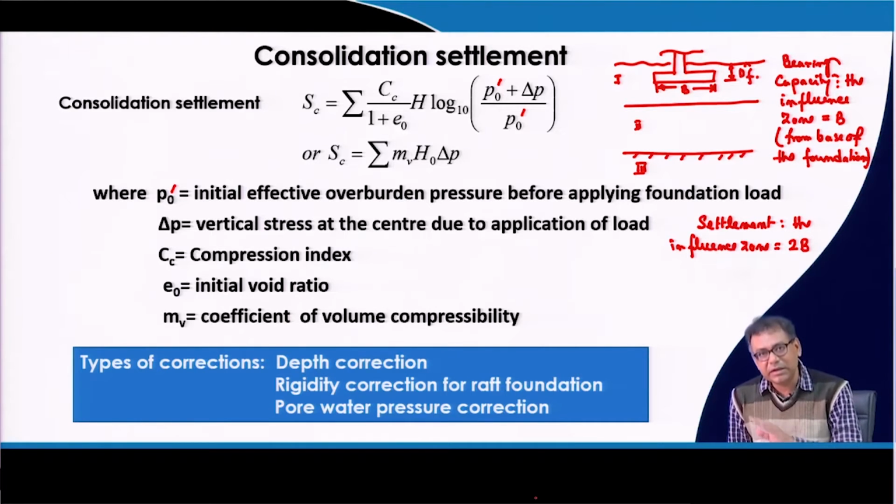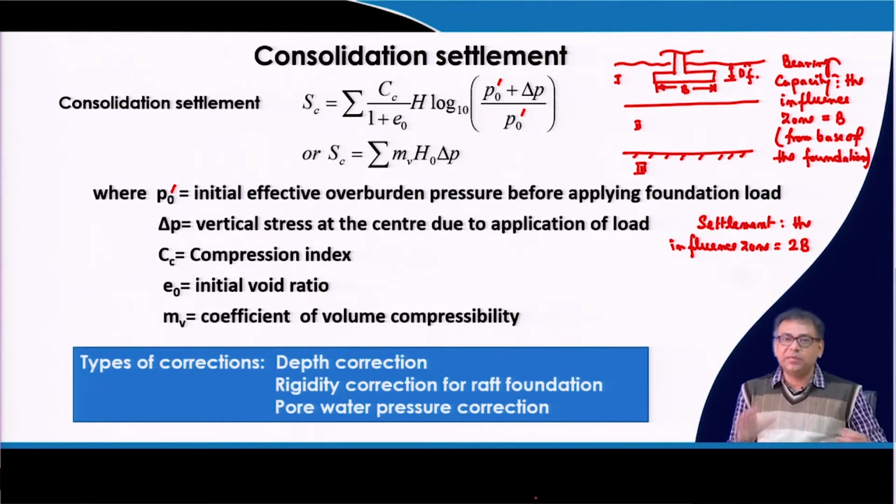If a rigid strata is within your influence zone, do not consider its contribution; you consider only the strata within the influence zone that are not rigid. Clear? And if within twice B there is no rigid strata, then you consider up to twice B, and that may be within your third layer, fourth layer, any layer. Just remember that.